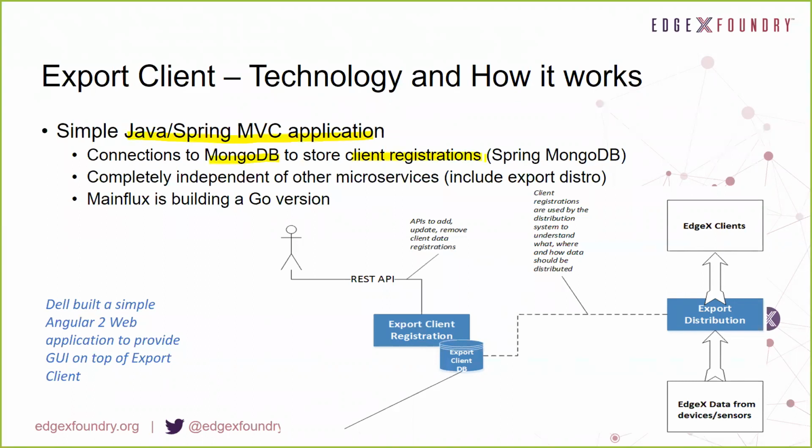So if you're a client out there, I've got it shown here in my diagram as a person, but obviously that could be a system, some application, could be something you've got in the cloud. You would register for an intent, for a need for EdgeX data with client registration, and that data then gets persisted into a database, in this case the Spring Mongo database.